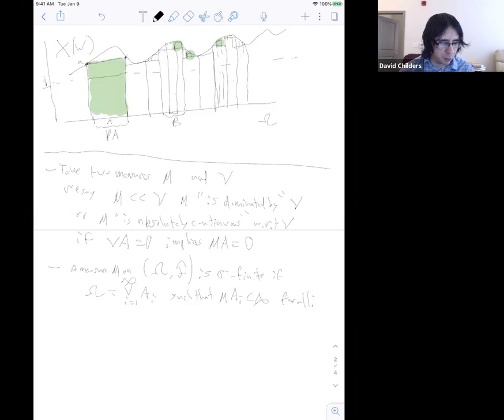And we can completely cover the space with a countable number. And so this then allows us to not have to deal with infinities. And if we have that, we can apply what's known as the Radon-Nikodym theorem.